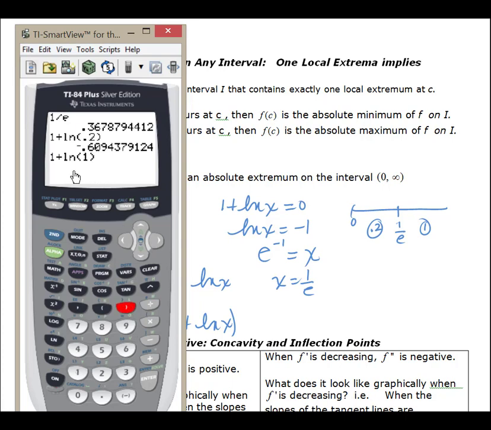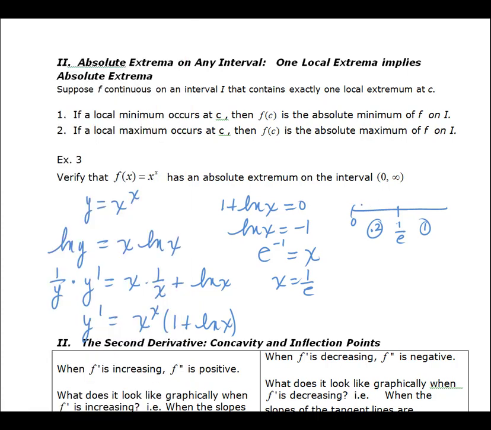And we know the natural log of 1 is 0, so that's going to be 1, positive automatically. So I know that it's negative. The first derivative is negative to the left of 1 over e and positive to the right of 1 over e, so I have a local min.